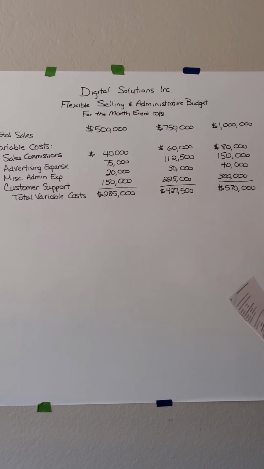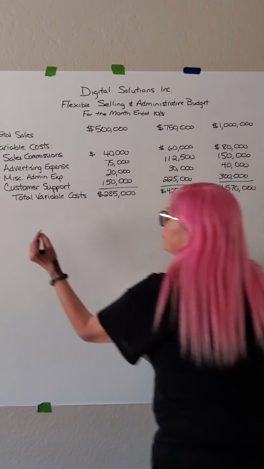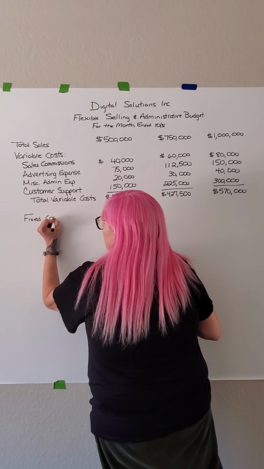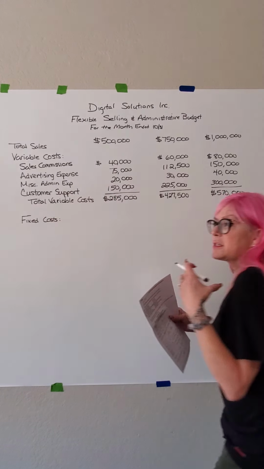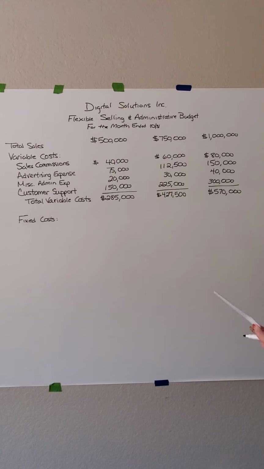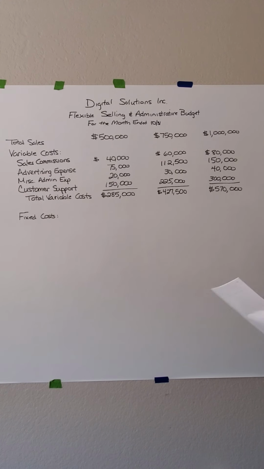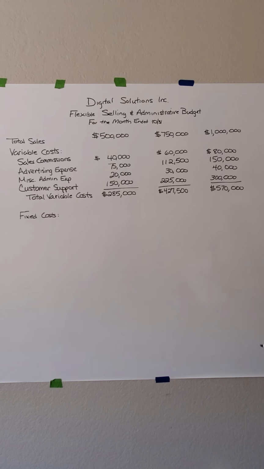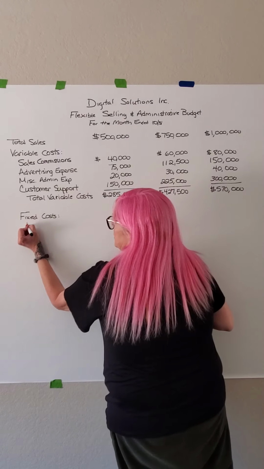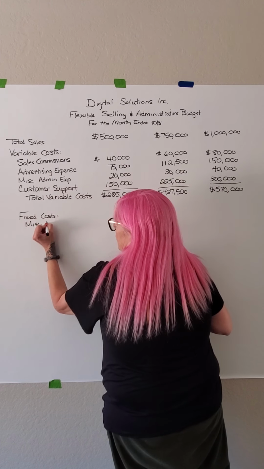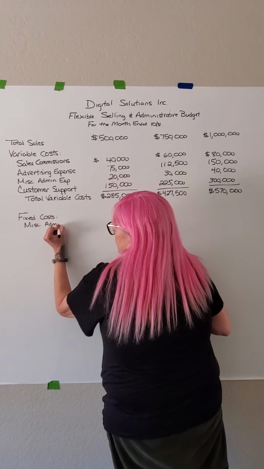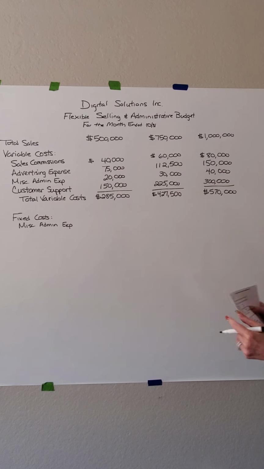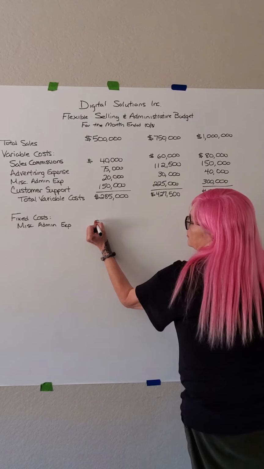And so the other component that we have to look at are our fixed costs. And remember that the characteristic of a fixed cost is it remains the same regardless of your level of activity within the relevant range. So the first one that came up was the miscellaneous administrative expense. And the fixed component of that was $10,000 a month, or $10,000.